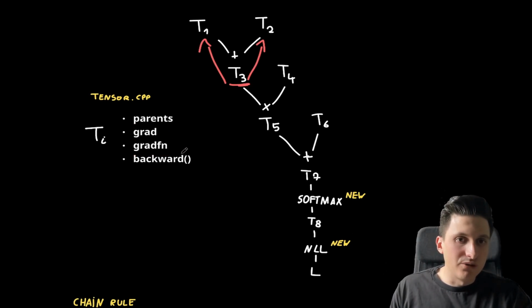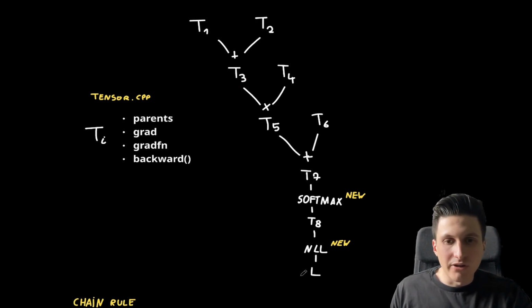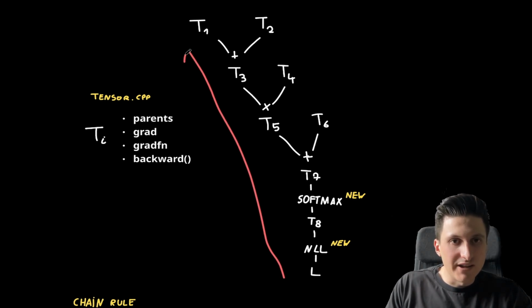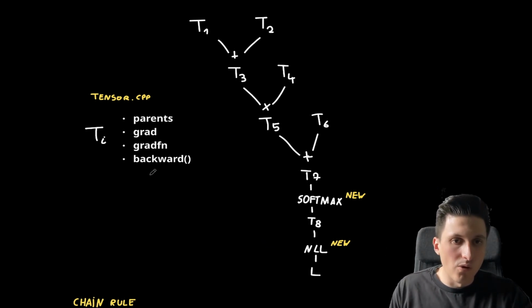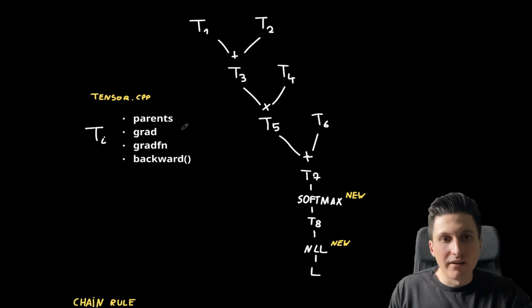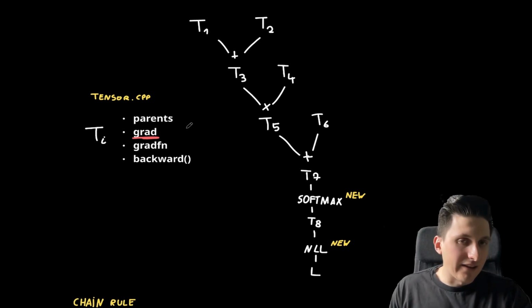And we also have a backwards method in a tensor, which is meant to be called on the eventual output and will iterate through the entire graph in backwards order and call the gradfn method to finally arrive at a gradient for each tensor.